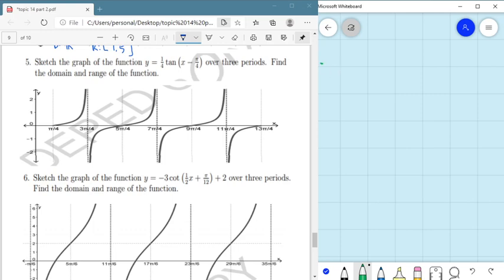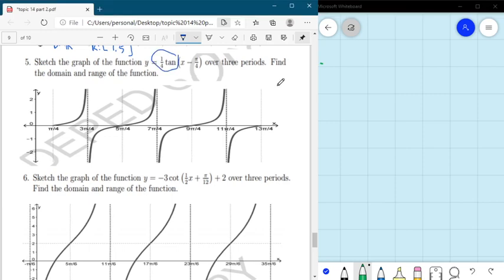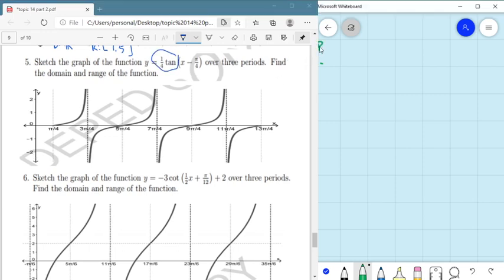Since the given is tangent, the period is pi over b, and our b here is 1. So our period is pi.